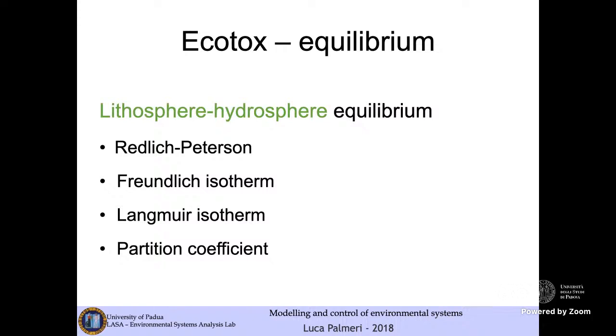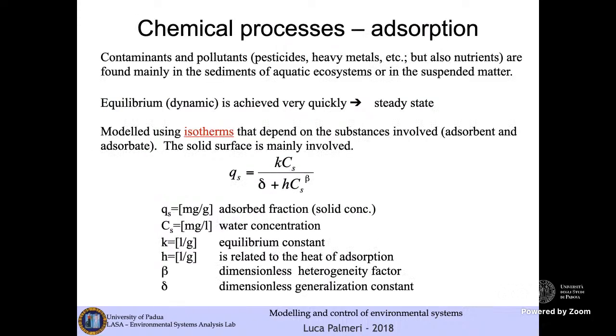So we seek identifying the equilibrium situations for these exchanges. And finally, we shall introduce the more general model that is called the partition coefficient model, in which we introduce a methodology for finding equilibrium between the different spheres, in particular here lithosphere and hydrosphere, by employing the approach of partition coefficients.